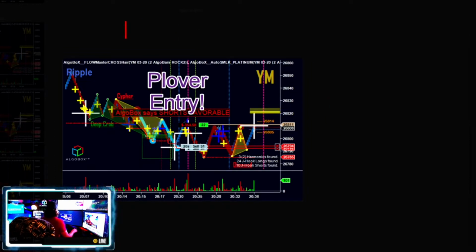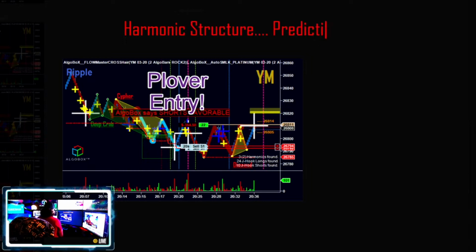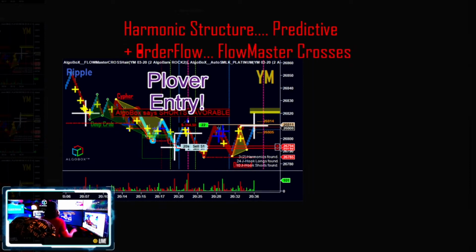All right, so what do we need with that? Order flow. Two components we're going to need for this: the harmonic structure, predictive.